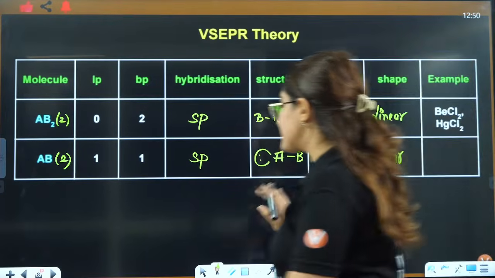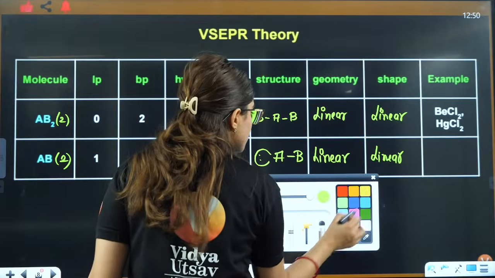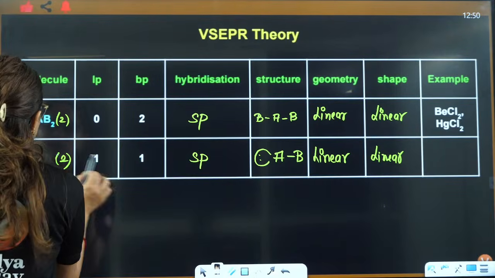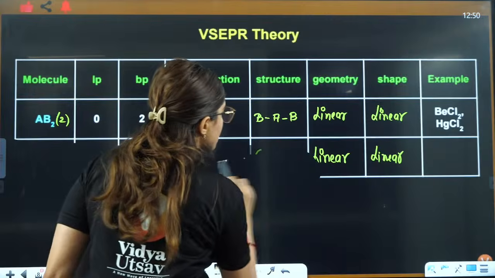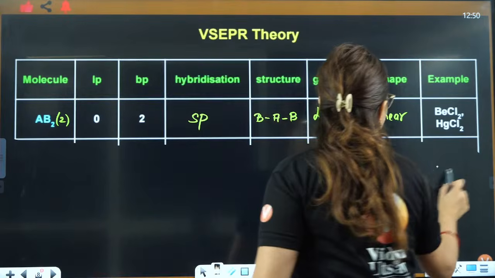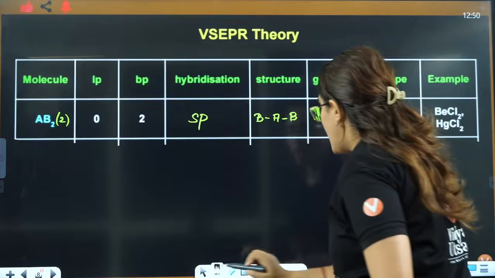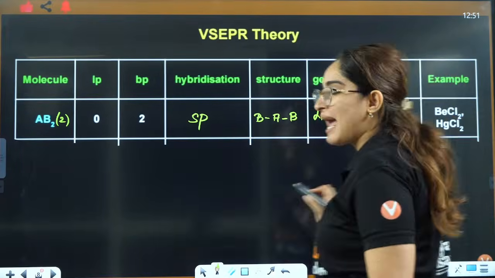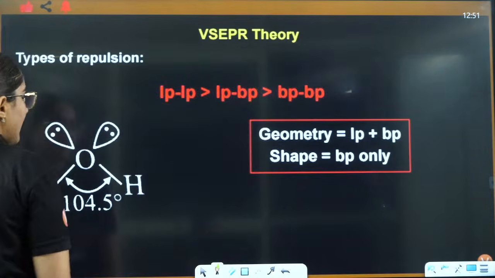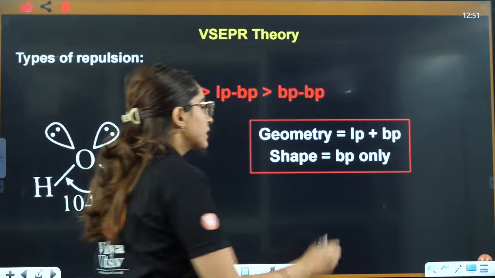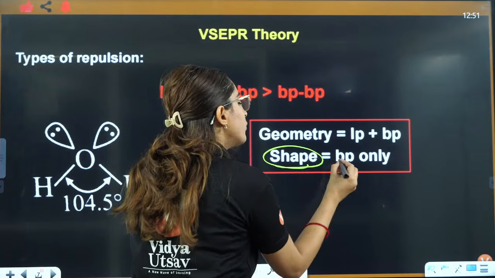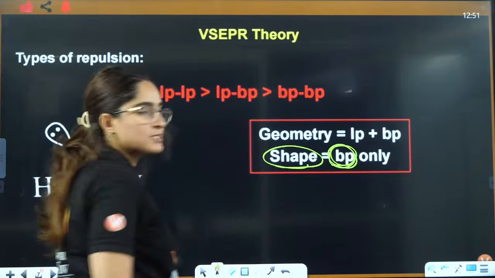I'll tell you about this later, because this is not important for you right now. This is just a reference that I told you. Whenever I talk about shape, I am only talking about the bond pairs.